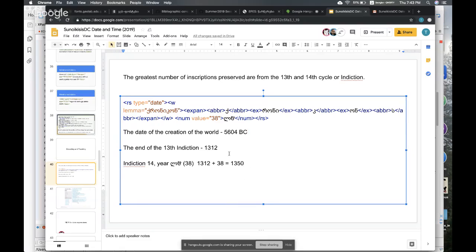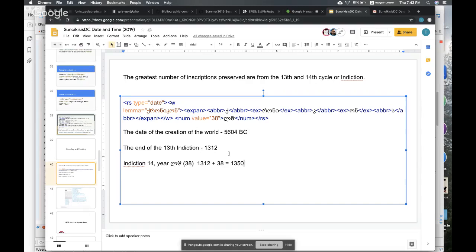And as I have said, the date of the creation of the world with Georgian Indiction was 5604, and the end of the 13th Indiction was 1312.